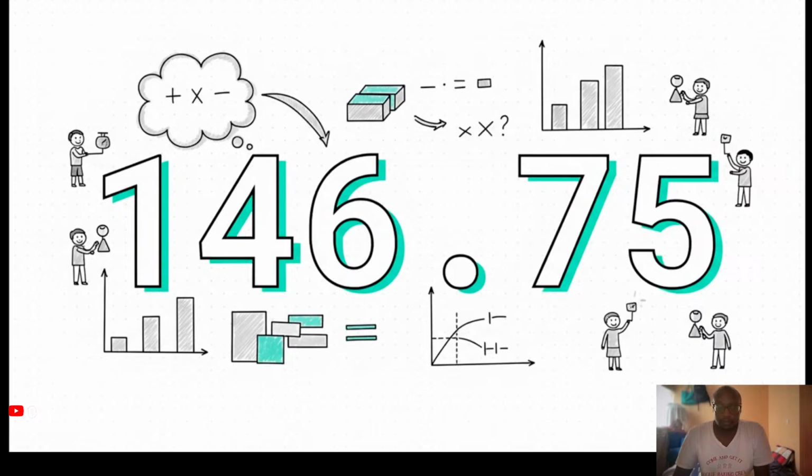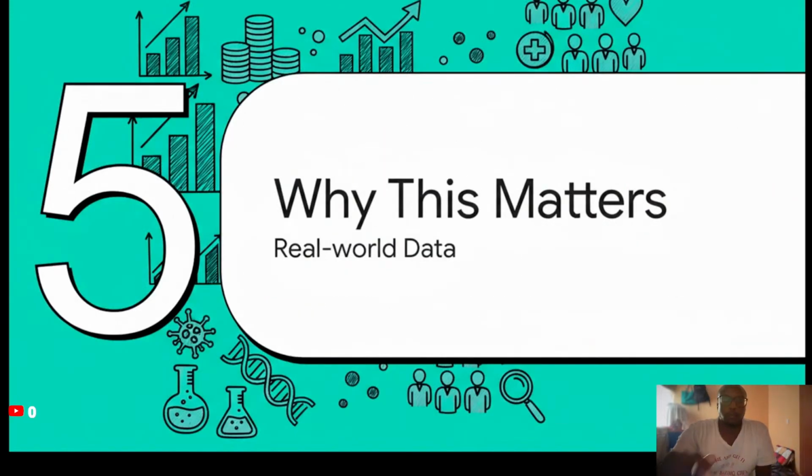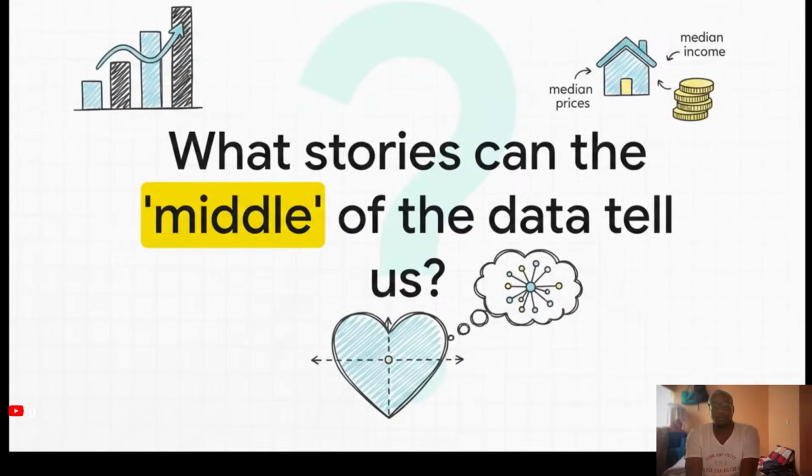Pretty cool, right? So you might be thinking, okay, that's a lot of work. Why does this even matter? Well, it matters because in the real world, think about economics, public health, pretty much any science, data almost always comes to us in groups like this. This formula, this tool, is so powerful because it lets us find the true center, the true middle of these massive complex datasets.